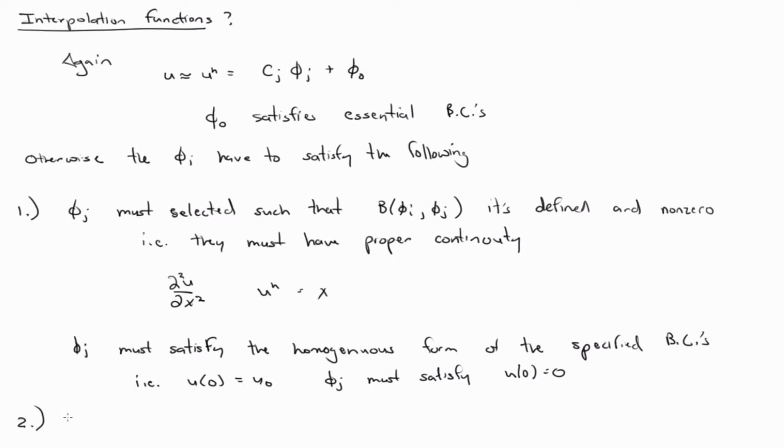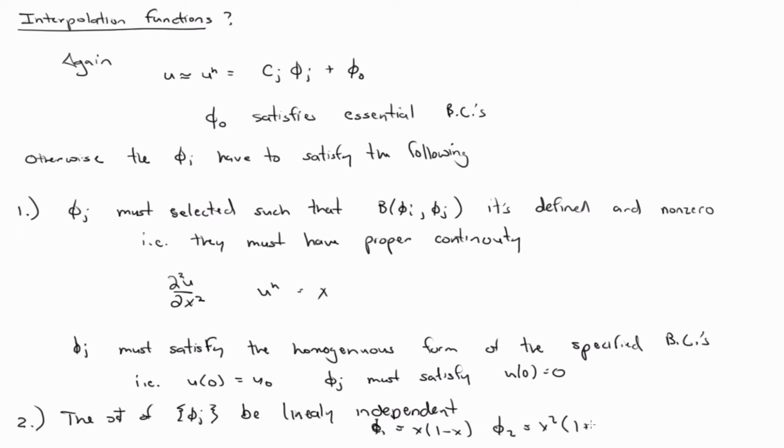The other thing we've already talked about, right? The set of phi-j must be linearly independent. So there we chose phi1 equal to x(1 minus x), and phi2 is equal to x squared (1 plus x).